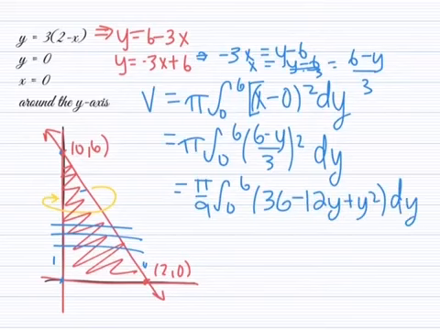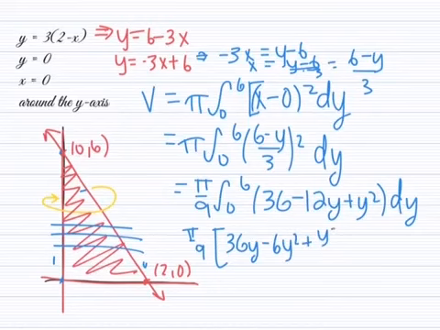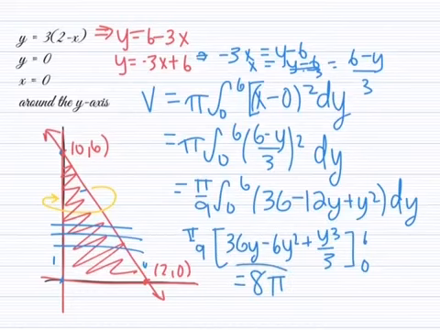Do the integral on that, so pi over 9 times 36y minus 12y squared over 2 is 6y squared plus y cubed over 3 from 6 to 0. And then evaluate all that out. You should get 8 pi as your final answer.